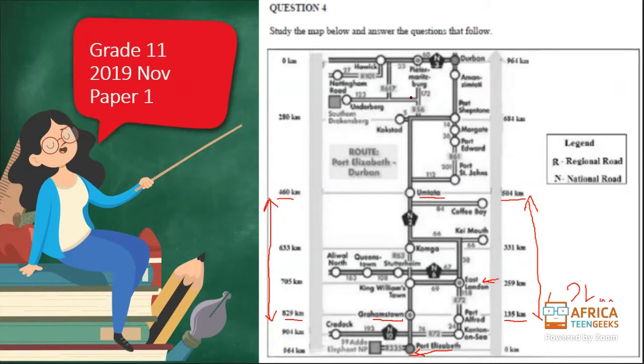So what are the rest of you saying? Okay, but let's give me the answer. Great, but I actually need to know what is the distance between those two towns. Maybe your answer is right as well, Botumelo. 259. Okay.